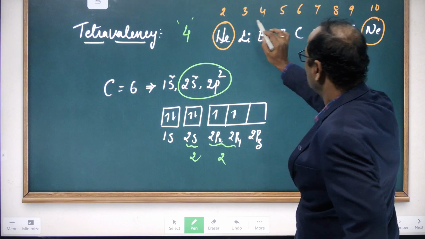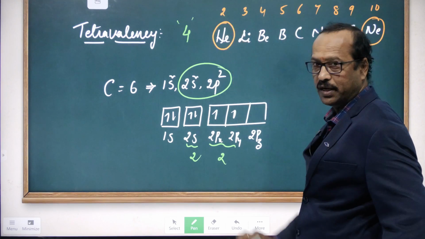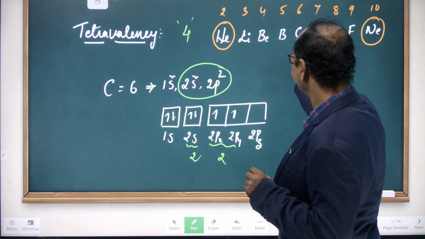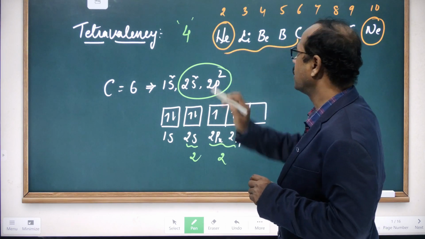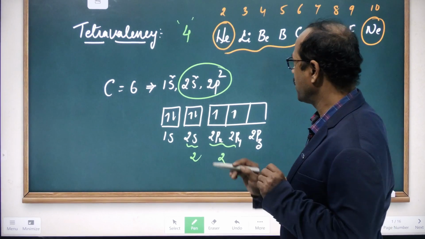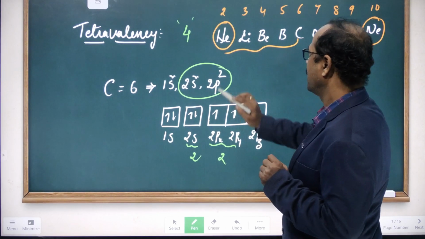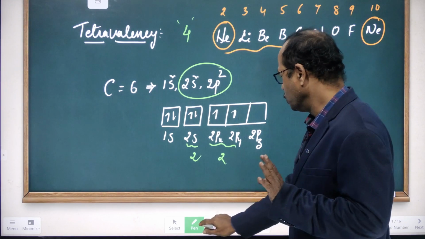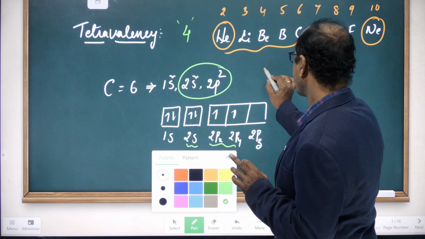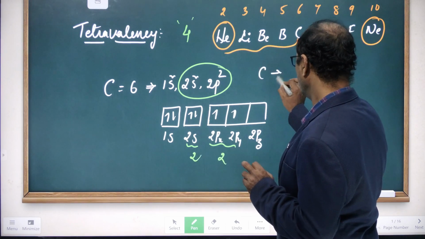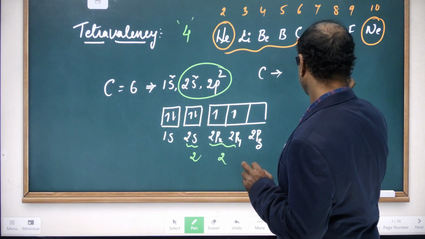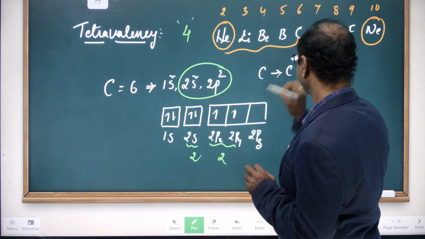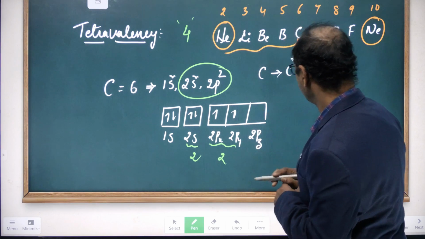So to attain the inert gas configuration of helium, the carbon has to lose 4 electrons. How many electrons? 4 electrons. Why? Because it has 6 electrons and helium has only 2 electrons, so it has to lose 4 electrons, to form C plus 4. Right. So this is one option.